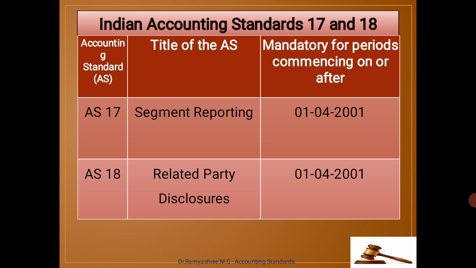The objective of this standard is to establish requirements for disclosure of related party relationship and transactions between a reporting enterprise and its related parties. The requirements of this standard apply to the financial statements of each reporting enterprise as also to the consolidated financial statements presented by a holding company.